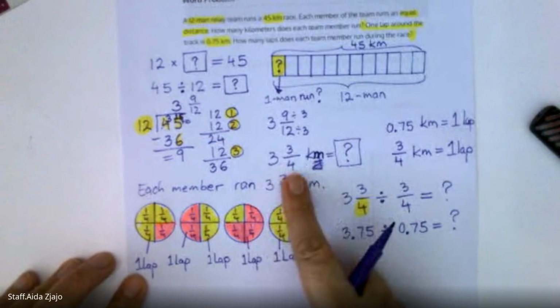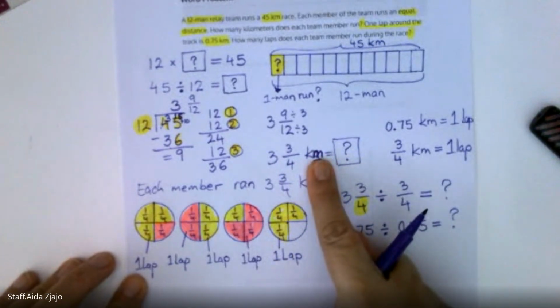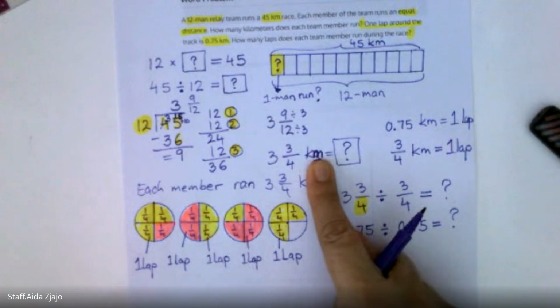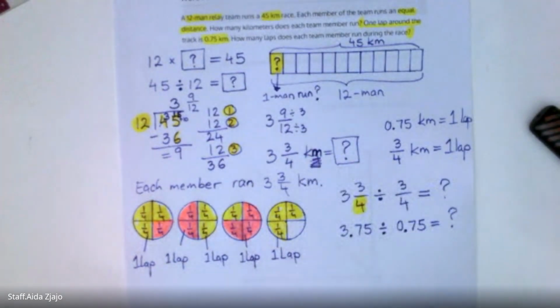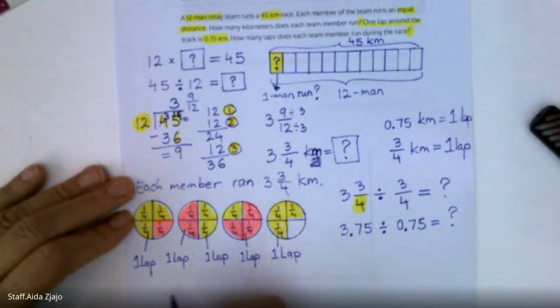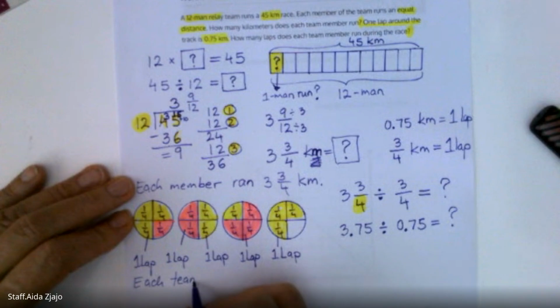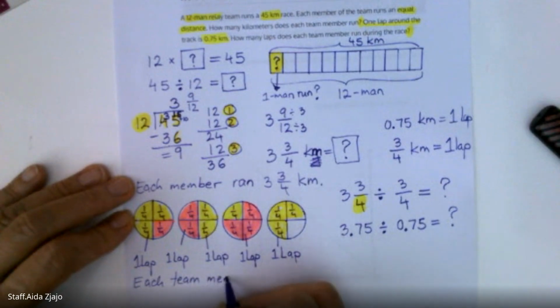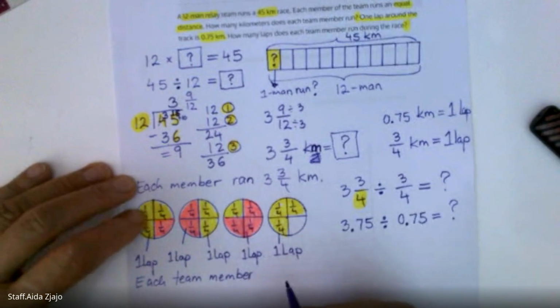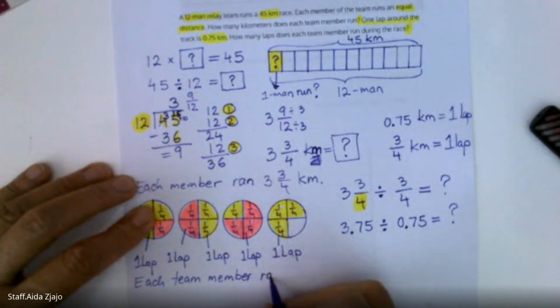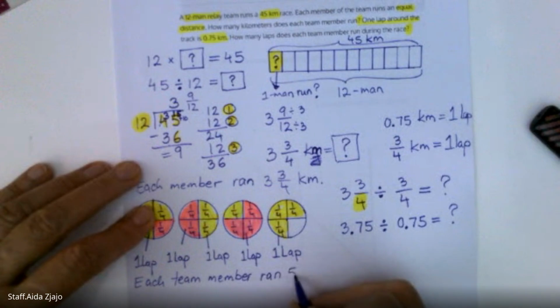So 3 and 3/4 kilometers will represent 5 laps. So that's one approach. So we can write each team member ran 5 laps.